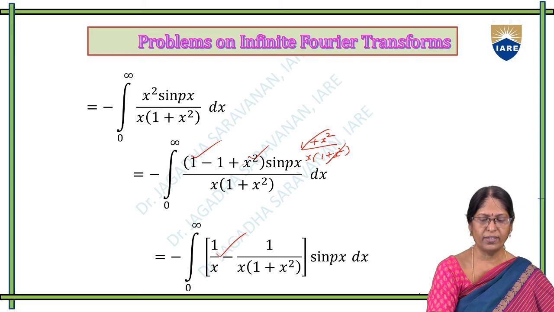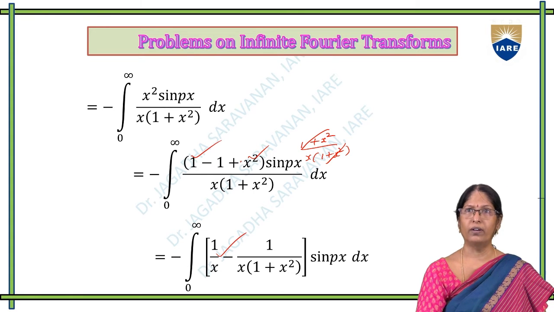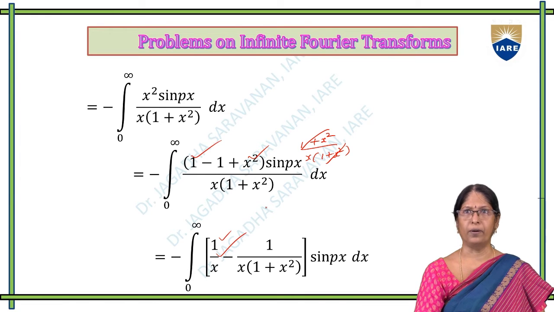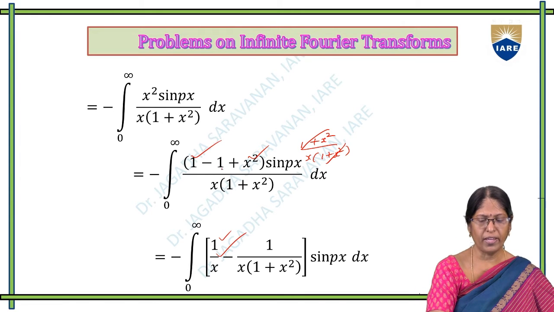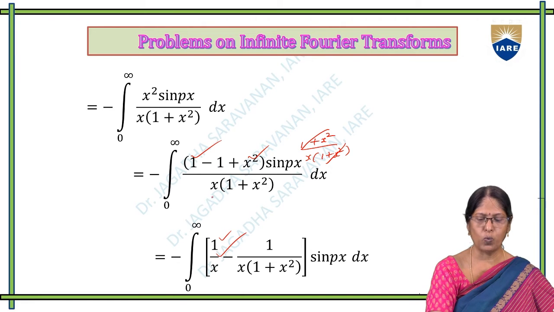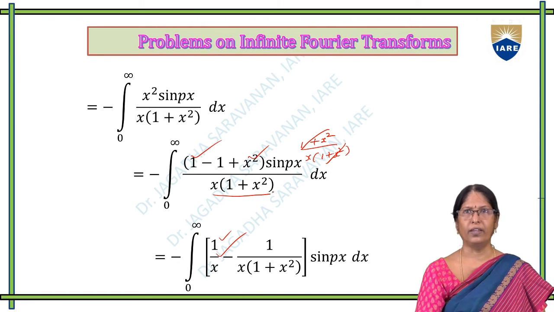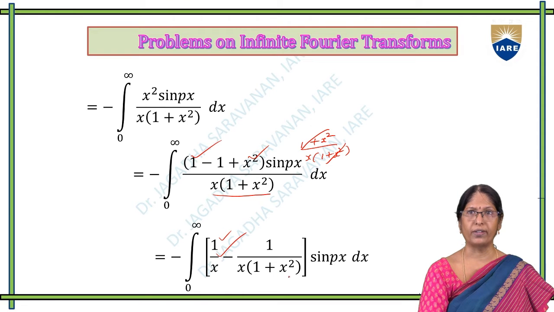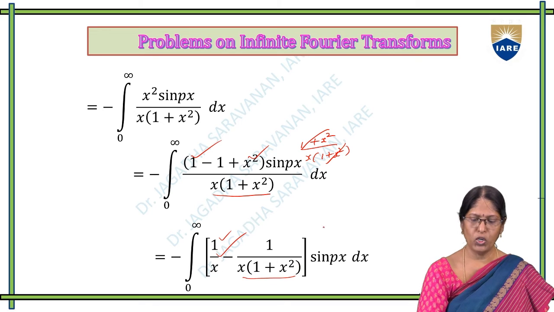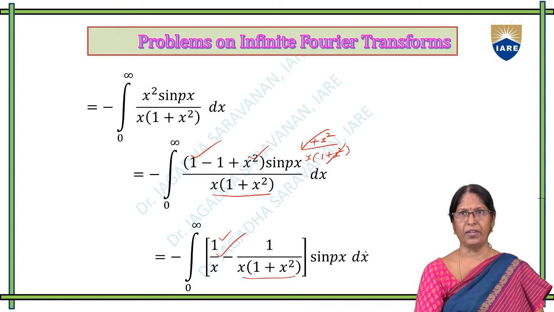So we selected in this 1 and x square already put together. This change it has come. So the remaining is minus 1. That we will write it minus 1 by exactly the denominator, what it is there, we presented here, into sine px dx.